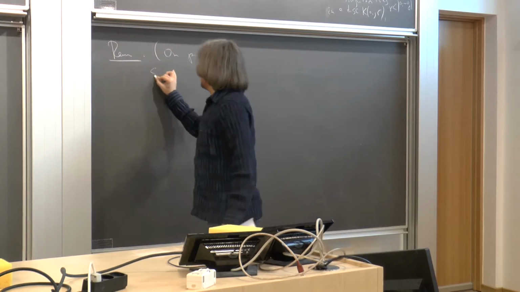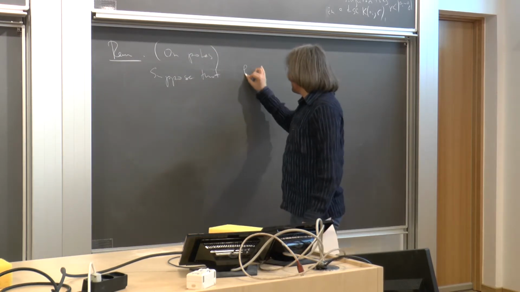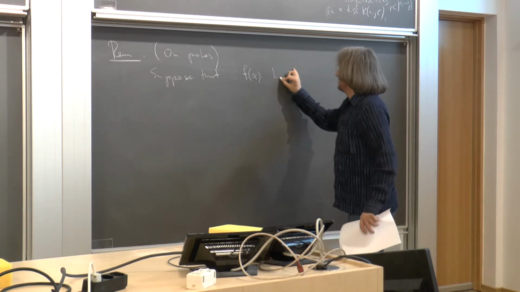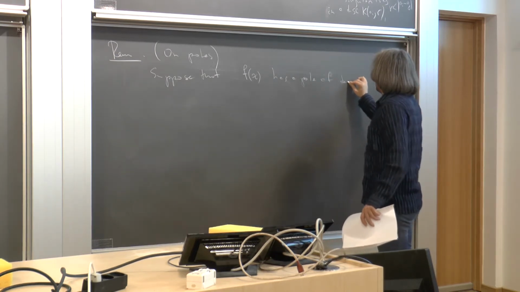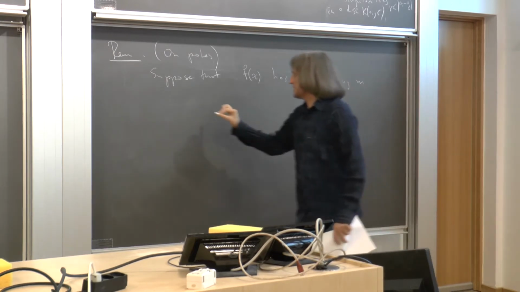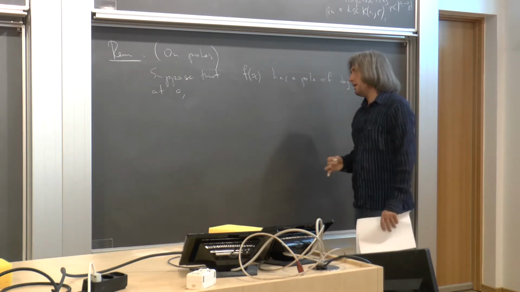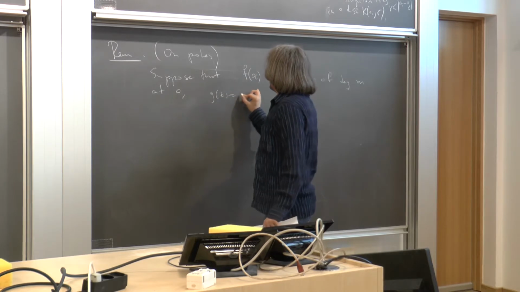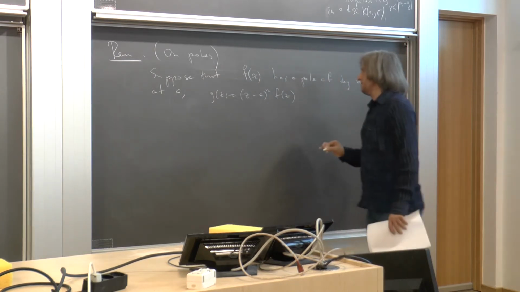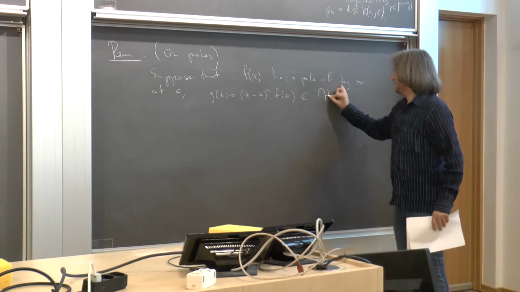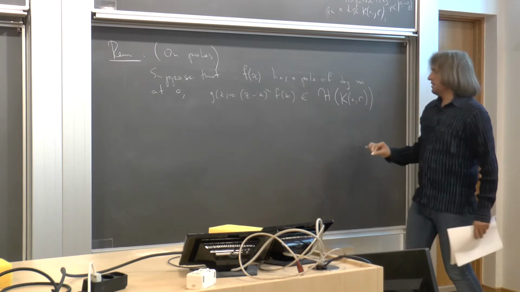So suppose that f of z has a pole of order m at A. So this means that it's holomorphic on some punctured neighborhood of A, and g of z, which is (z minus A) to the m times f of z, is holomorphic, say, in some disk around A. And g of A is not zero.